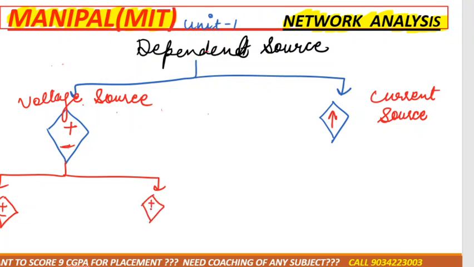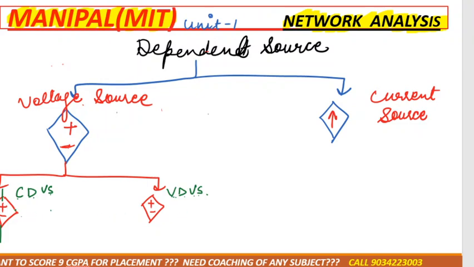Now this dependent voltage source is further divided into two categories. It can be depending on current and it can be depending on voltage. Like suppose if it's a CDVS, CDVS means current dependent voltage source, or it can be VDVS. VDVS means voltage dependent voltage source. Like this is one source, right? So its value can be depending on current and its value can be depending on voltage.